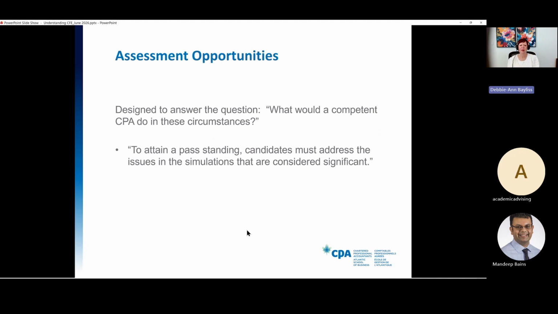So let's talk about, and this is valuable information from the Board of Examiners. Each of those assessment opportunities are designed to answer the question, what would a competent, entry-level CPA do in these circumstances? So to attain a pass standing, candidates must address the issues in the simulation, so the cases that are considered significant.